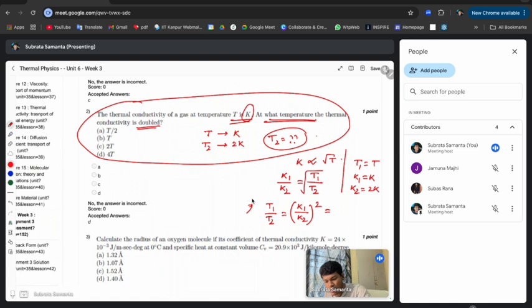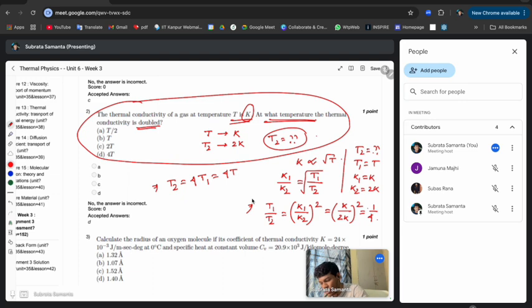What is the value of T2? Just plugging in the values, K over 2K squared is 1 over 4. Therefore T2 is 4 T1, so 4 T1 is basically 40. So T2 is 40.